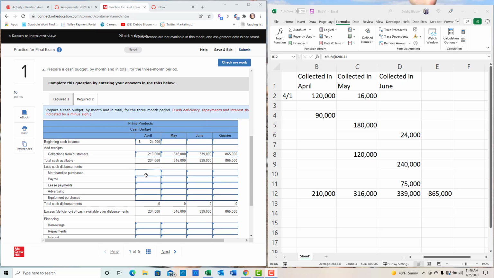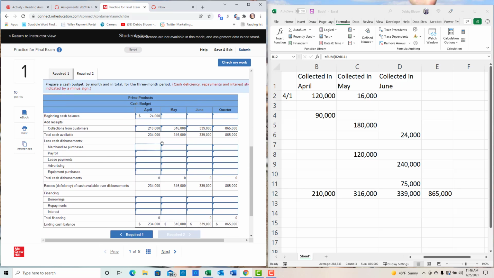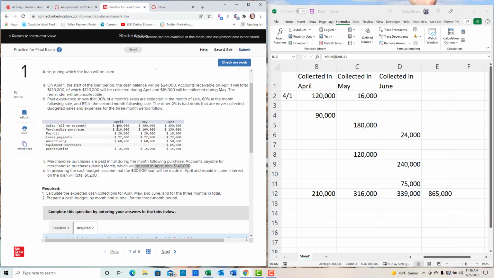So for the merchandise purchases, we're just going to lag 1 month behind. We're told that the merchandise purchases that are going to be paid in April are $140,000. And then we're going to lag 1 month behind with the purchases.